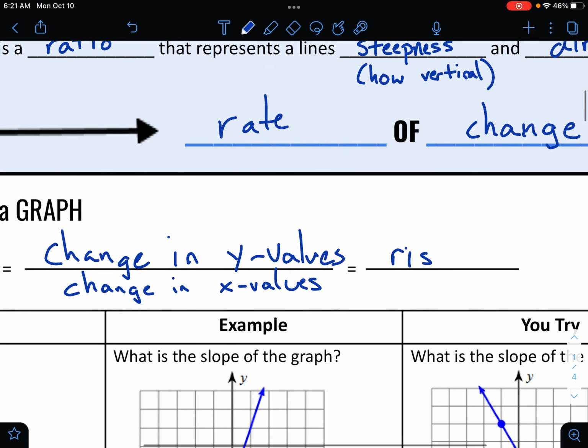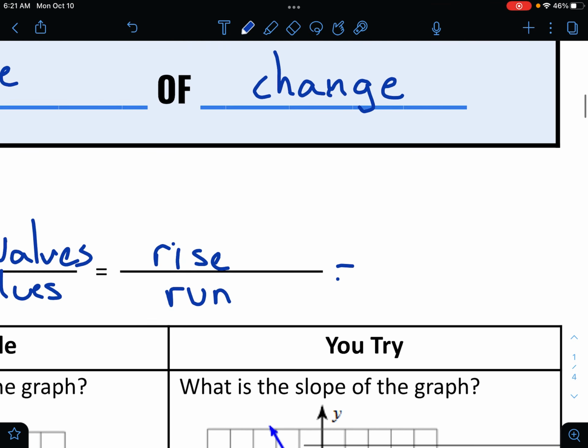Okay, and this can also be written as the change in y values over the change in x values, just so we're aware if I happen to write this.